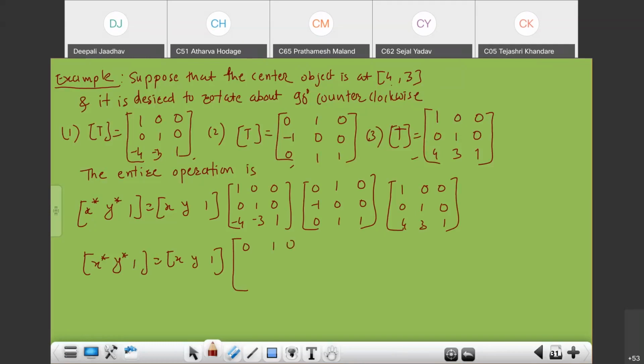These calculations I have done already. That's why I am writing it directly. But when you are doing it, you need to multiply it. So that is the entire transformation matrix. Multiply it with the original position vector and you will get the result of rotation about an arbitrary point.